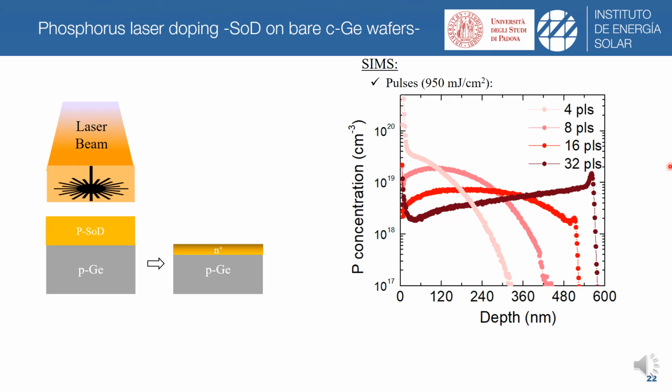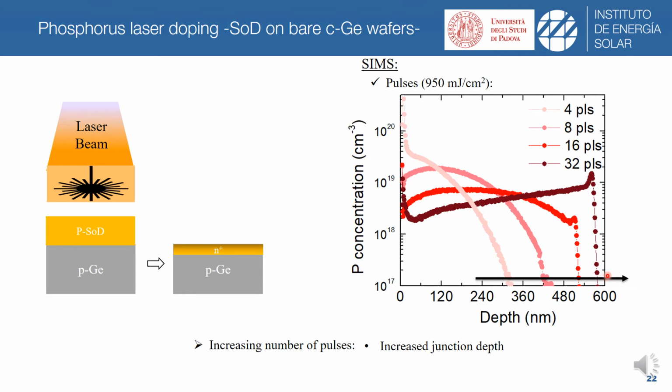If we analyze here the impact of the number of pulses for a fixed energy fluence, you can see that increasing the number of pulses always increases also the junction depth, and this is a result of the diffusion and redistribution of dopants already incorporated during the first pulses.